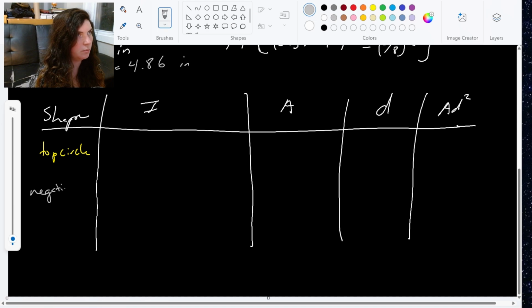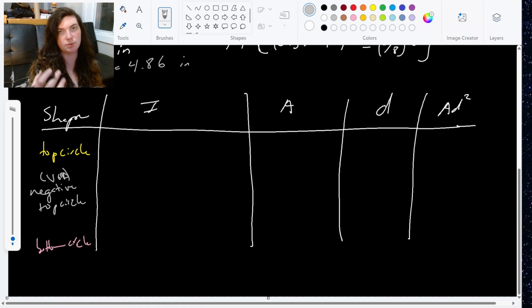So like the void portion, the portion that gets subtracted out. And then bottom circle. I guess I could call this top void as well. But void just indicating that it's going to be a negative. Everything there is going to be subtracted out.